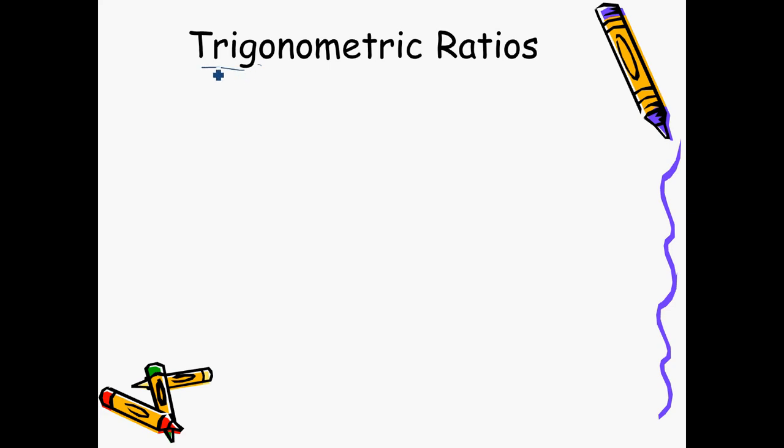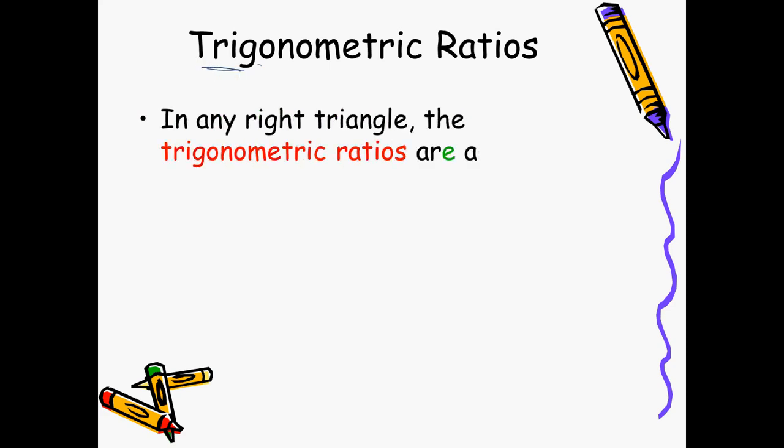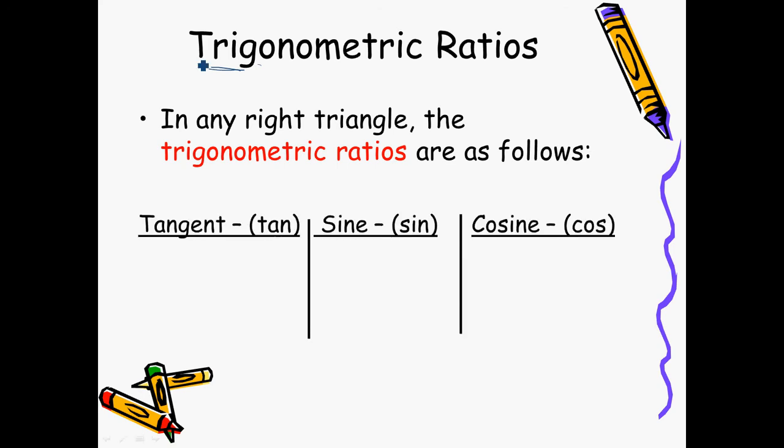Trigonometric ratios come from a triangle, and the trigonometric ratios are tangent, abbreviated as tan, sine, please do not call this sin, this is sine. I don't know why they couldn't bother to write the E. Please do not call this cos. This is cosine, right? So these are the ratios.